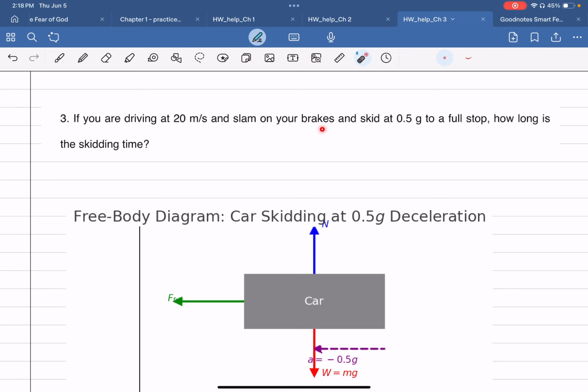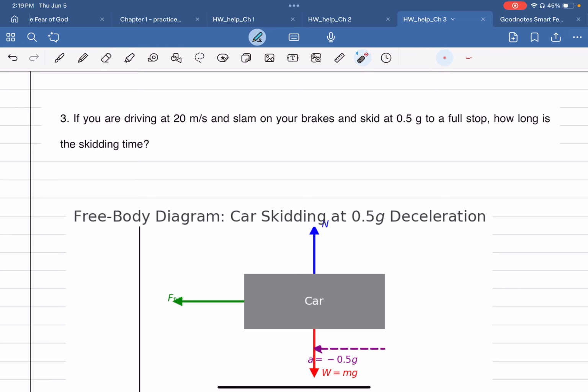When you hit the brakes, forces are applied. That causes an acceleration of 0.5 times g. And from the last question, that means it's 0.5 times 9.8. So that's the acceleration. And then it comes to a stop. So the final velocity is 0. And we have to find the time.